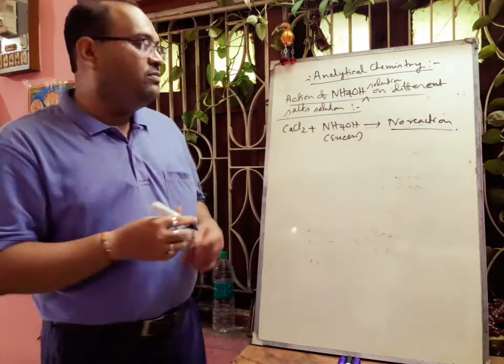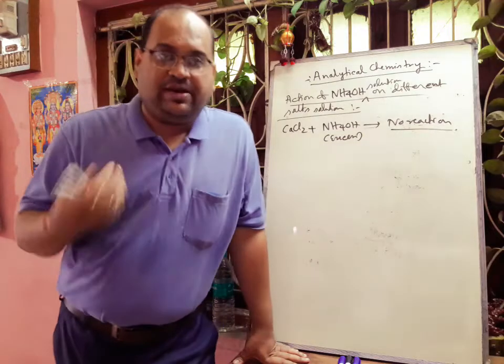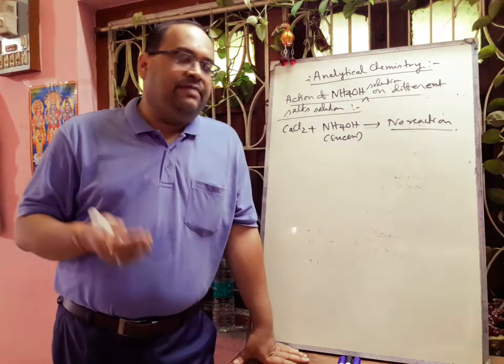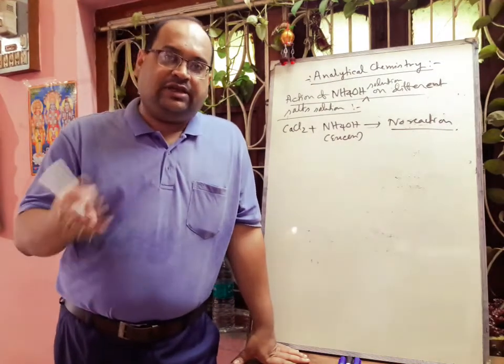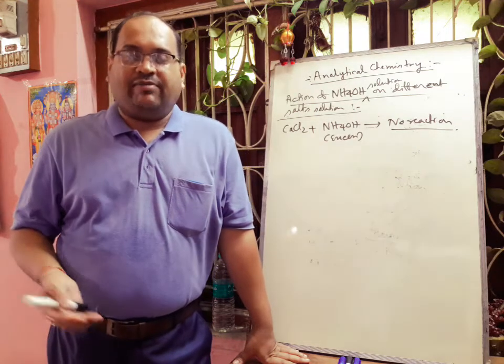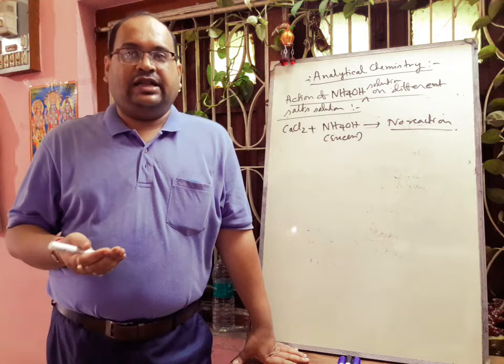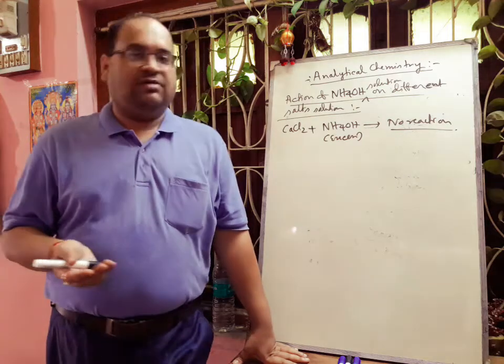So from this we can easily understand the difference between sodium hydroxide and ammonium hydroxide. Sodium hydroxide will react with calcium chloride, it is a strong base, but ammonium hydroxide is a weak base, it cannot react with this calcium and there will be no visible reaction.